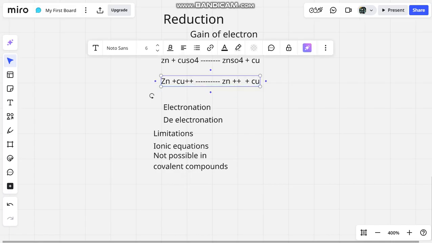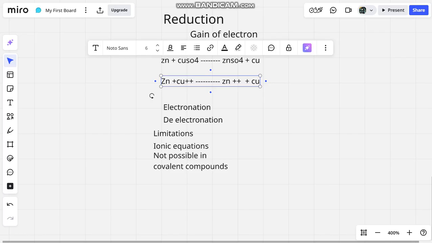It's a net ionic equation, right? And SO4 also does not involve in chemical change, right? It is involved in the chemical reaction, but it's not involved in any kind of chemical change. So you can get the definition in this way, right? Those ions which are removed from both sides of the equation to get the net ionic equation and do not involve in chemical change are called spectator ions, right?